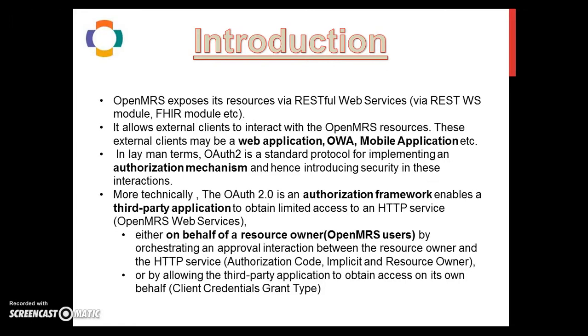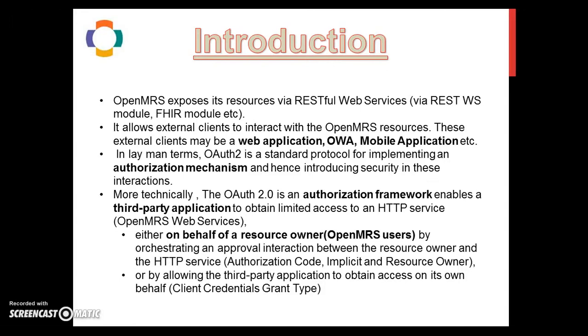More technically speaking, OAuth2 is an authorization framework, and it enables third-party applications, that is mobile apps or open web apps, to obtain limited access to the OpenMRS web services, which are exposed by our web services modules. And this can be done in two ways. Either the client will act on behalf of the resource owner, or the OpenMRS user.